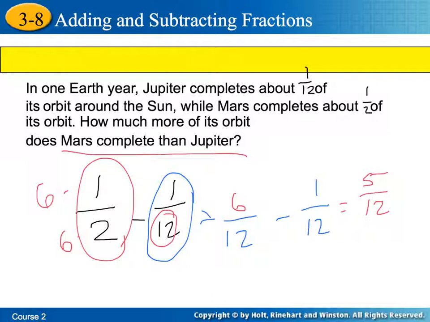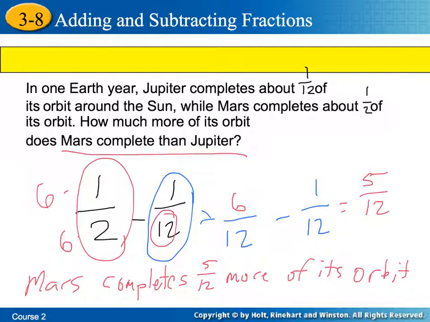This one's kind of a confusing one. What's my label? Well, Mars completes 5/12 more of its orbit than Jupiter. So you have your label. If you have questions, you can always look in the book a little bit.